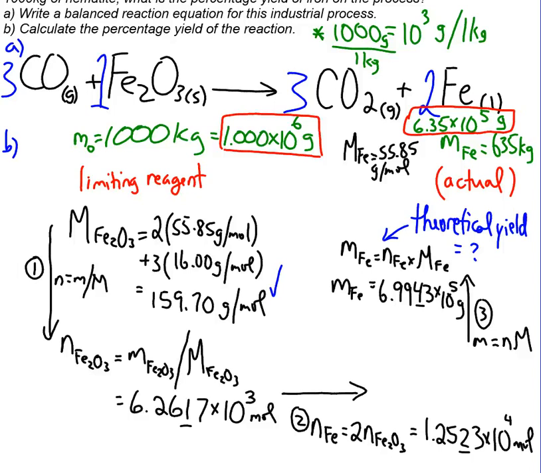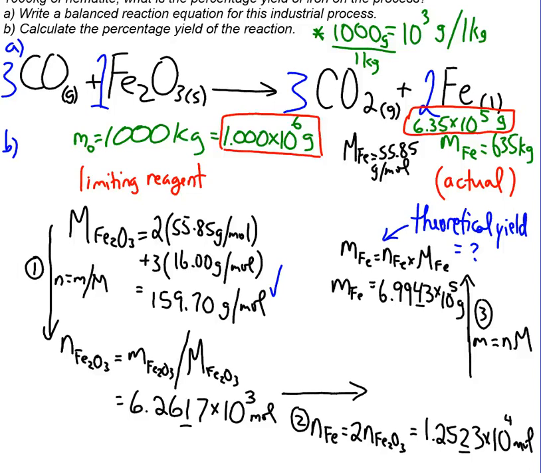And the last step, step 3, is taking the number of moles and multiplying by the molar mass of the element at 55.85, which produces 6.9943 by 10 to the 5 grams. So it's almost a million grams there. So we start with a million grams and we get 700,000. Okay, so that's a mass ratio.